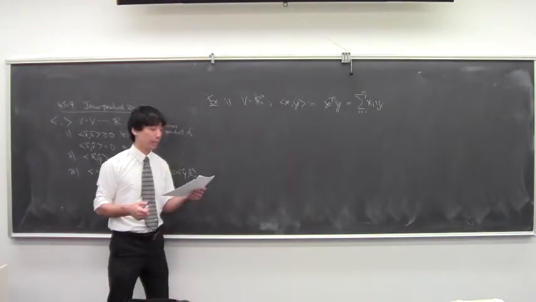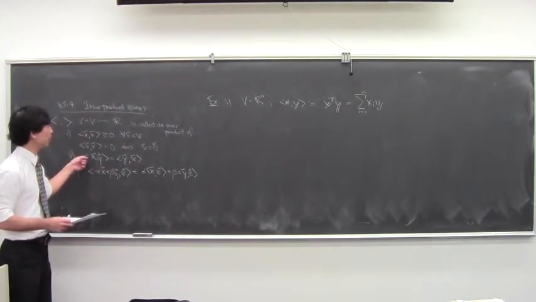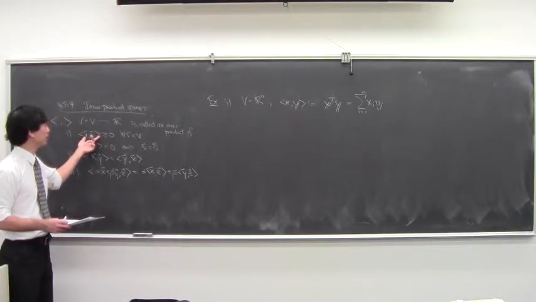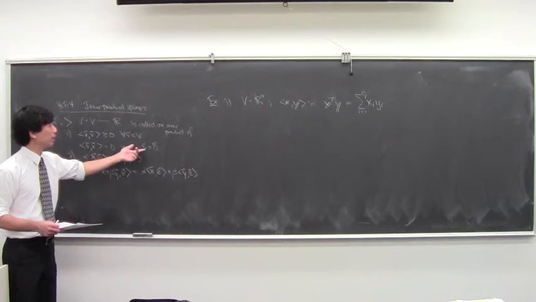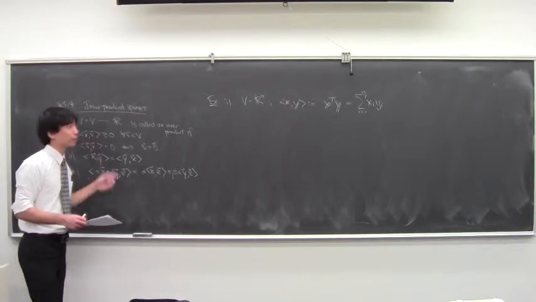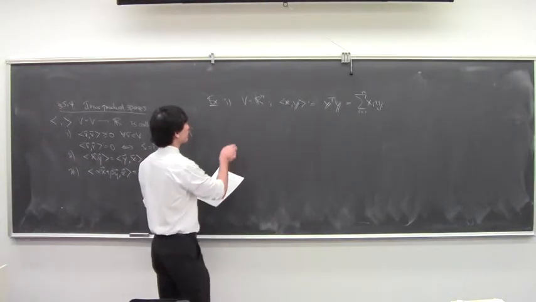So that's fine. That certainly is an inner product. It's linear, it's commutative, and when we take the magnitude of something, we always get something greater than 0. And if you take the magnitude of the 0 vector, you get 0. And if the magnitude is 0, then it's the 0 vector. That certainly satisfies all the conditions.